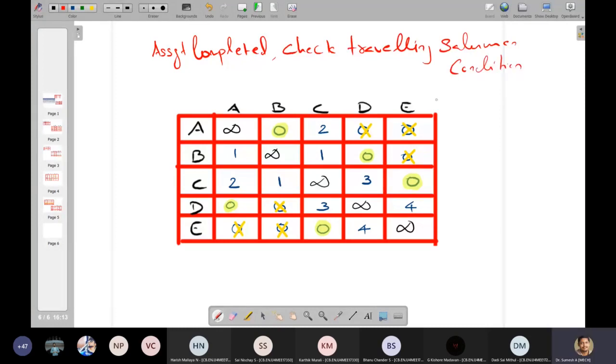Now A to B. As per the case, I'm going from A to B, then B to D, then D to A. Was it acceptable? No, that's not acceptable.